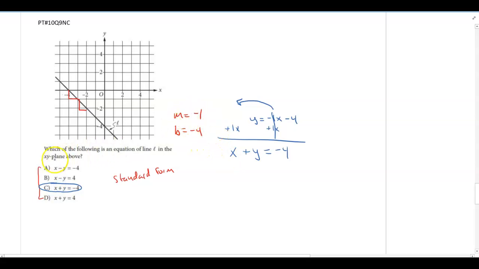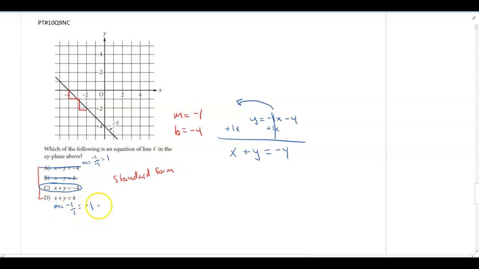Just by starting with the slope, I could use each of these equations to find the slope. This would have a slope of, remember, opposite of A over B. That would be +1. Nope. If that's +1, this is +1. This would be negative 1 over 1, opposite of 1 over 1 is negative 1.